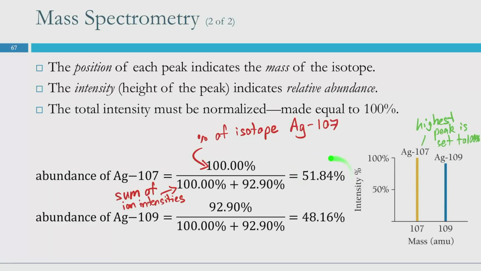That'll give us the fraction, or rather the percentage, of how much of the sample is that isotope. So this silver sample is 51.84% silver 107.